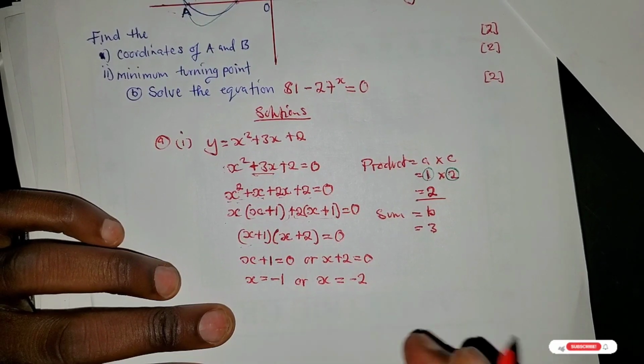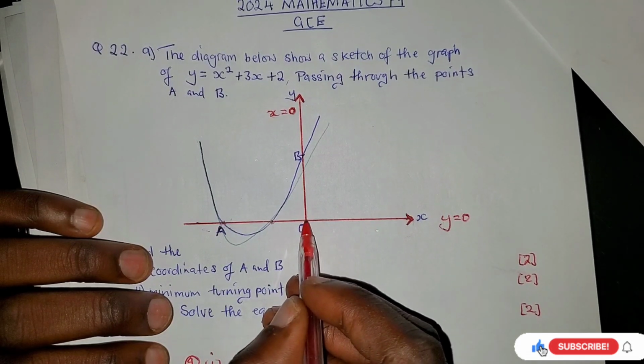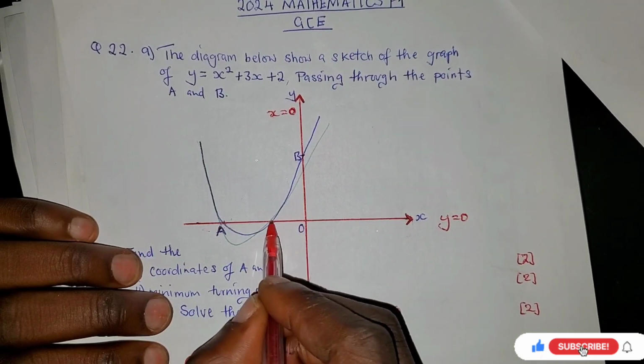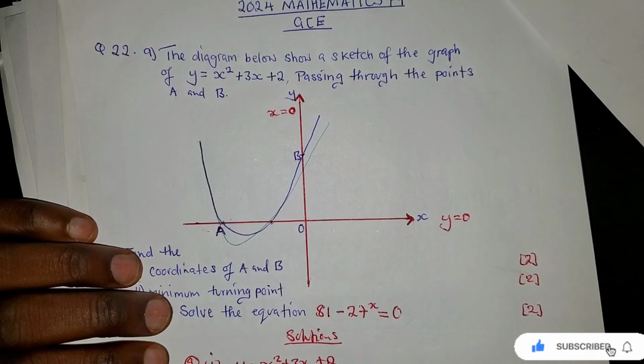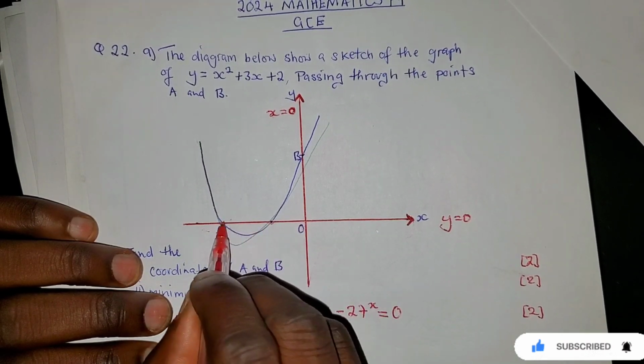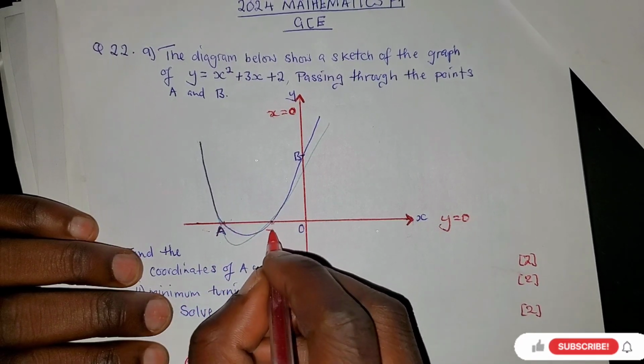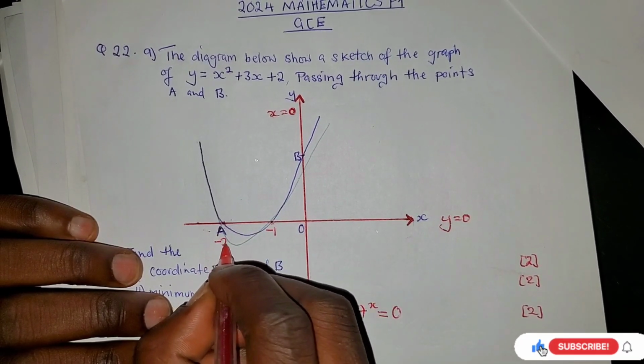Which one are we going to get? Check. This is the center and 0. So these answers are telling us that the curve is cutting the x-axis at 2 points on the negative side. The other one is negative 1, and the other one is negative 2.